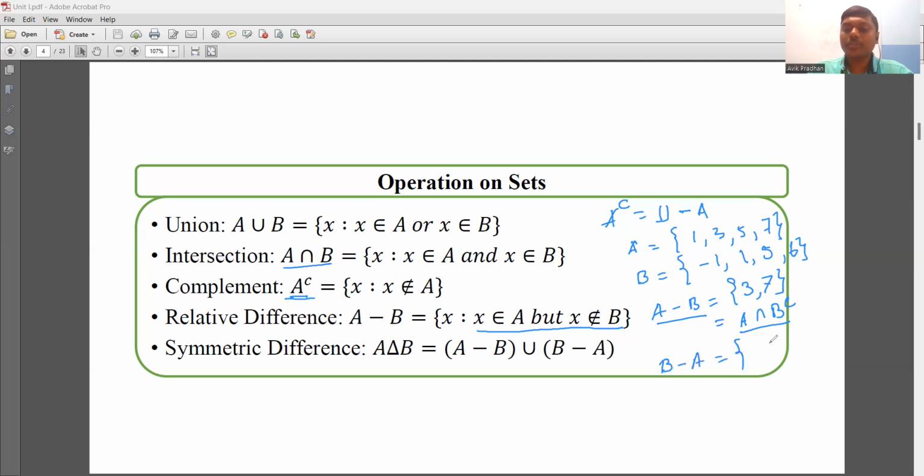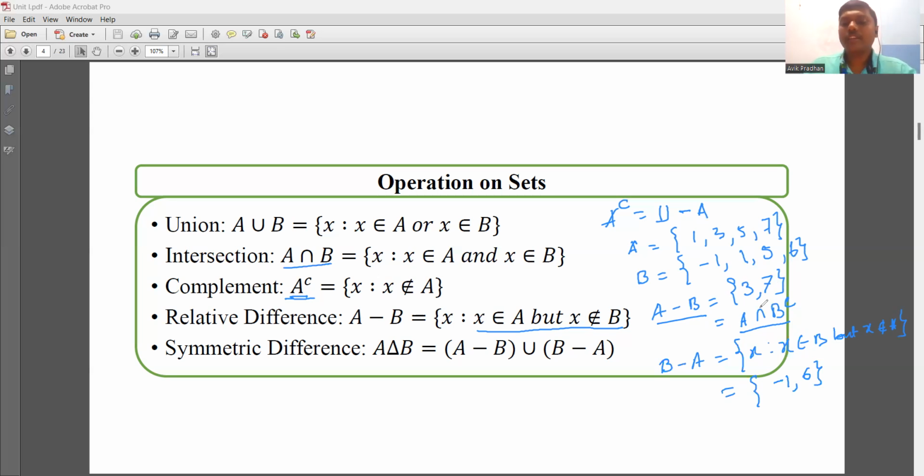B minus A will be the set of all x such that x belongs to B but x does not belong to A. If I look into this example, this set will be -1, which belongs to B but does not belong to A. 1 is there, 5 is there, so 6 will be there in this B minus A. So they are called relative difference.